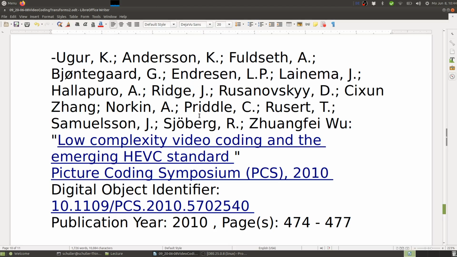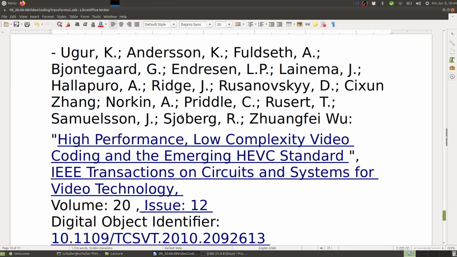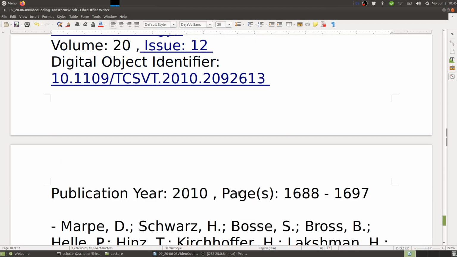Similar here, this is a paper on a low-complexity video coding standard and the emerging HEVC standard from the Picture Coding Symposium in 2010. And here's a paper on high-performance, low-complexity video coding and the emerging HEVC standard in the IEEE Transactions on Circuits and Systems for Video Technology from 2010.